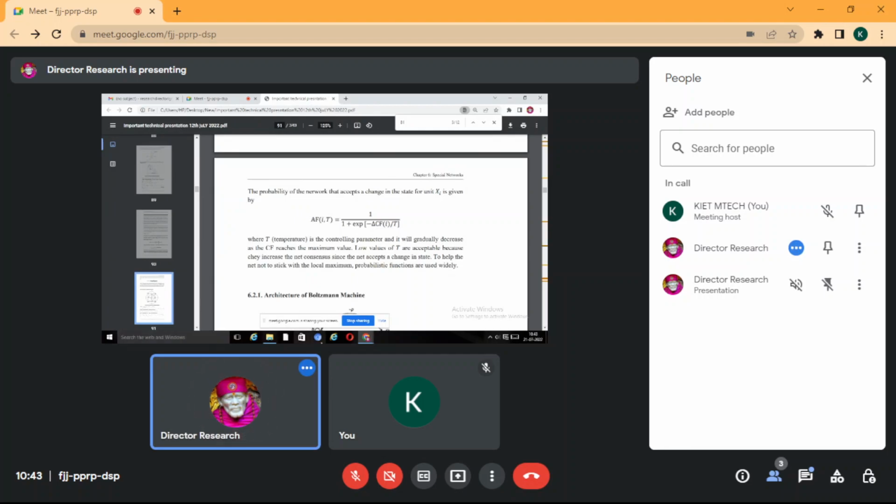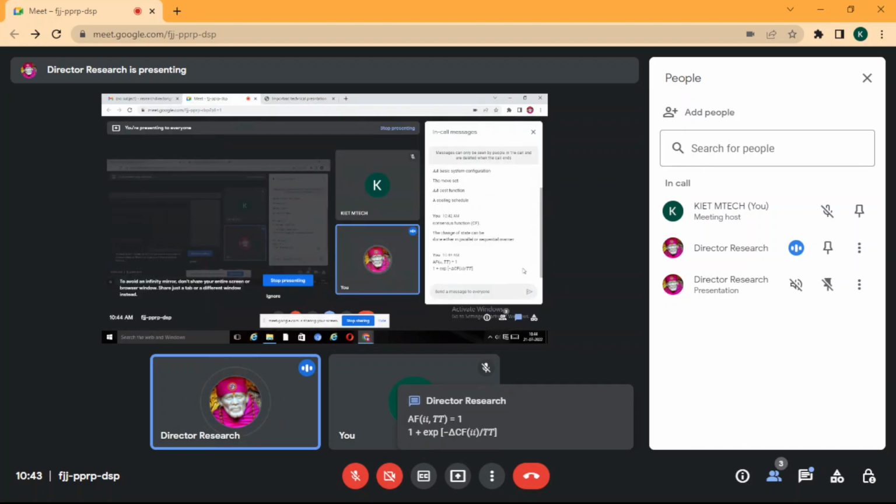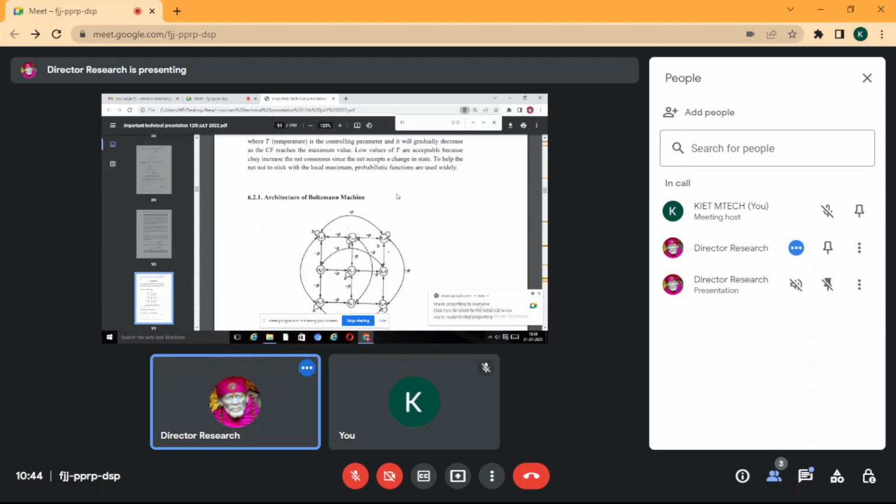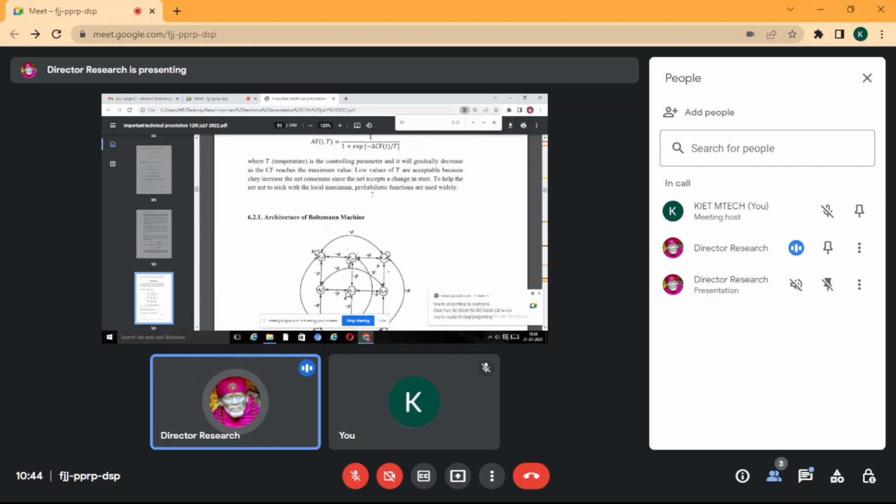Delta F, the change, is represented as delta F change. This is the delta F change, where capital T is the temperature controlling parameter, and it will gradually decrease as the CF reaches maximum value. A low value of T is acceptable. Okay, like this, based on the formula, only those parameters.